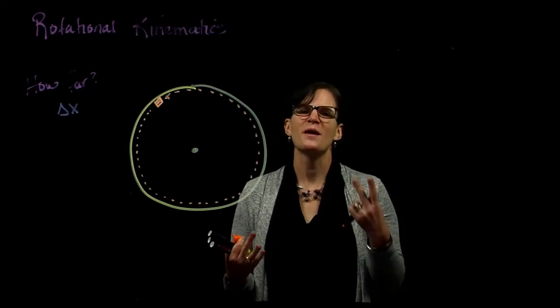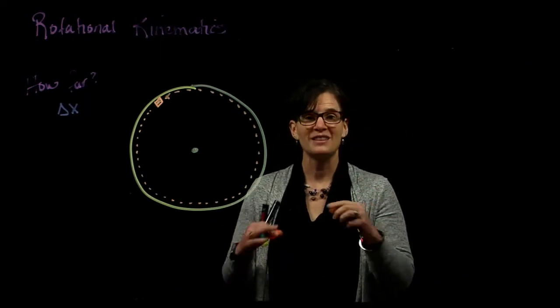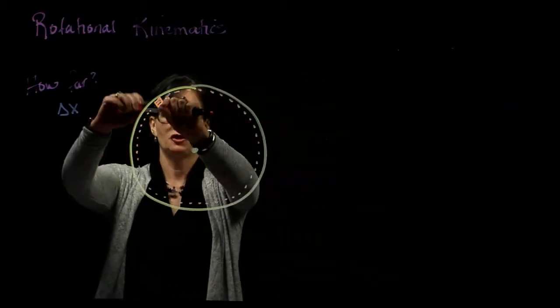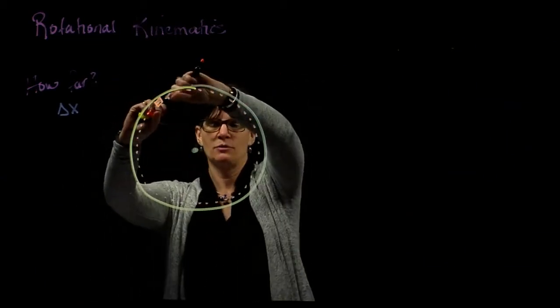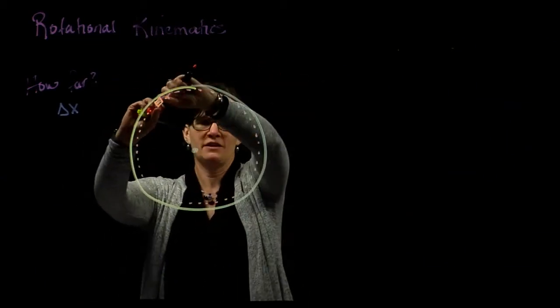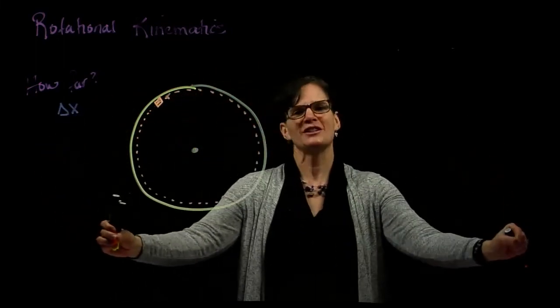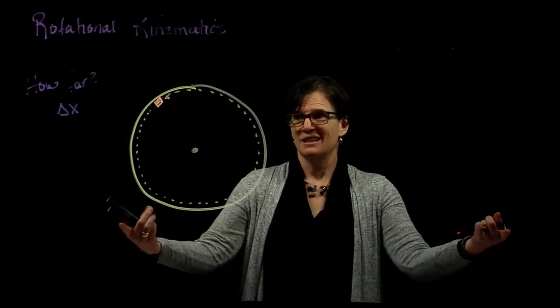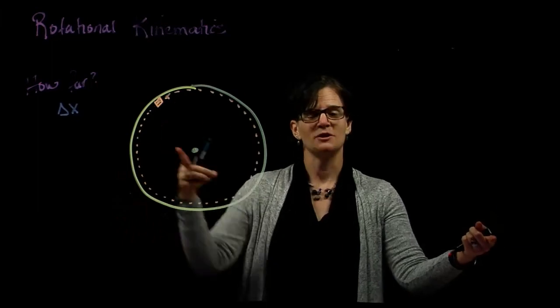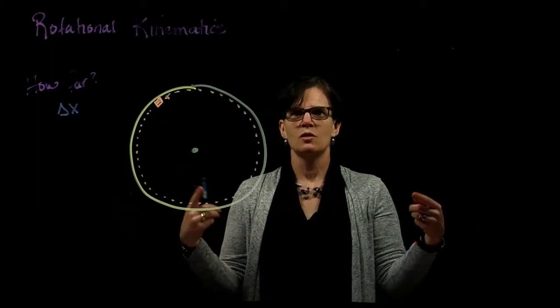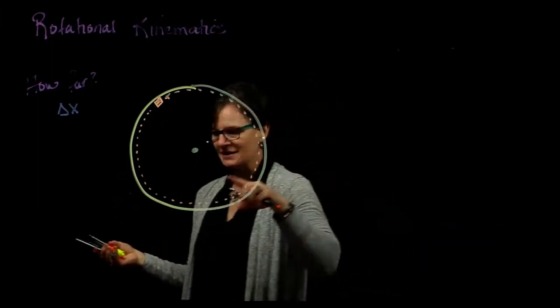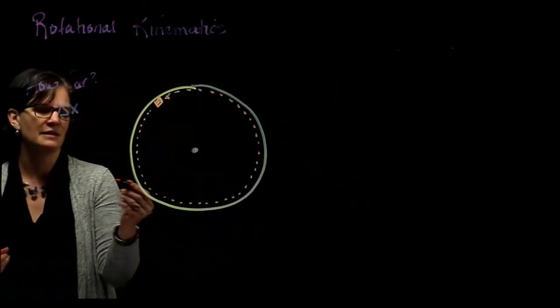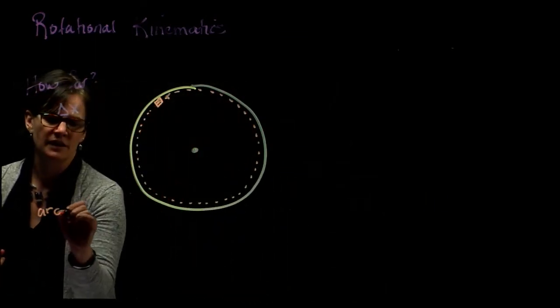Well, we actually have two ways to answer that question, right? We have the length. If I took a string and I mapped out this entire rotation of this thing on a string, and then I stretched that string out and measured the length, well, that's how far the object rotated. So how far is that? Well, that is what we call the arc length.